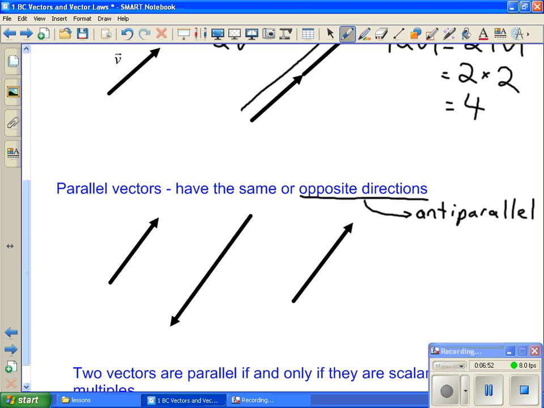So all of these three vectors that we see here are parallel. They all point in the same direction or opposite directions. But if I were to take this one here and this one here, I could also say that they're anti-parallel. Your textbook doesn't use the term anti-parallel, but I might use it when I'm talking in class.